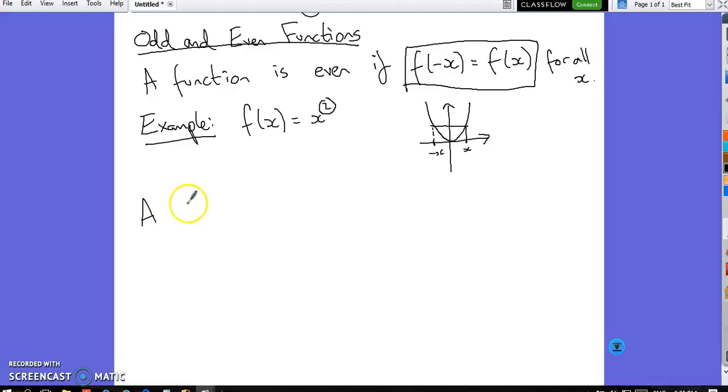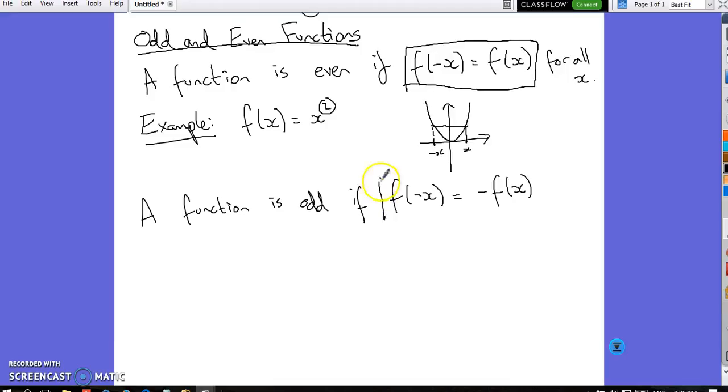On the other hand, a function is odd if the opposite holds. So if f of minus x is equal to minus f of x for all x. And this works for all of our odd power functions.